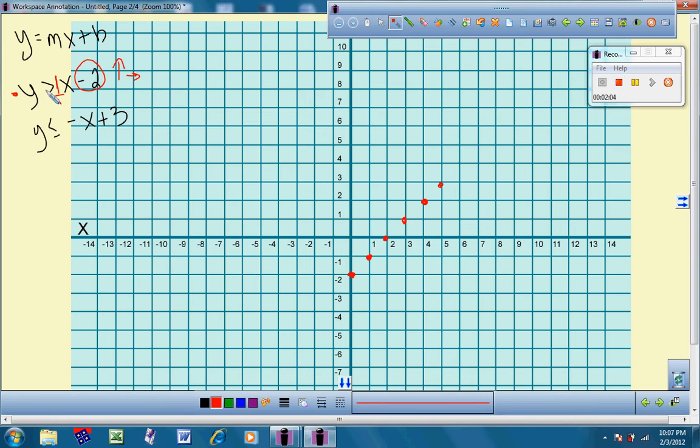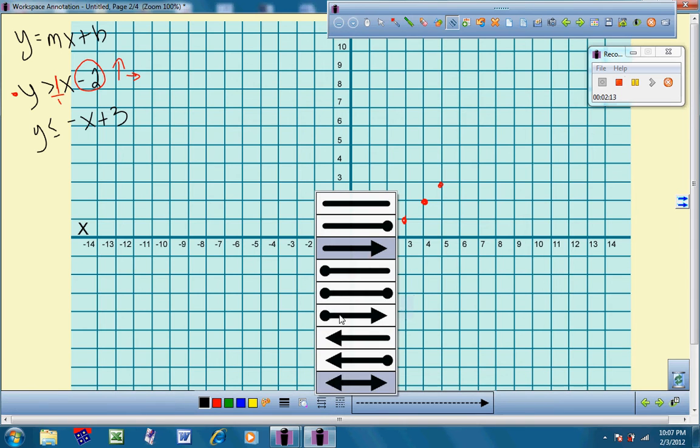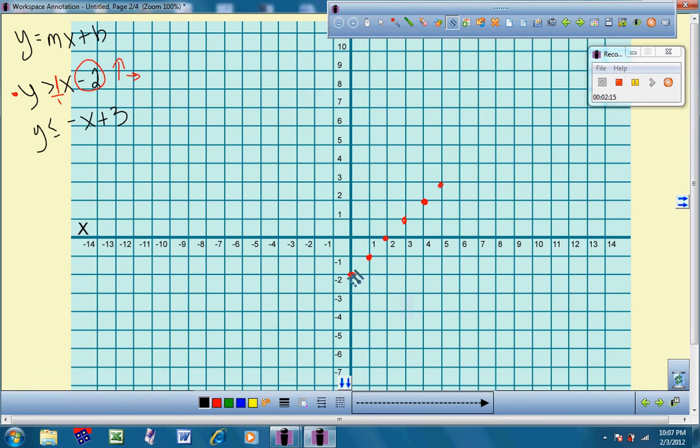Alright, now we have to go back and look at our inequality. It just says greater than, there's no equal sign, so that means we've got to use a dashed line. So let's go ahead and do that. I'm going to draw a nice dashed line through my points, and extend it in the other direction so we have a nice long line. Okay, great.